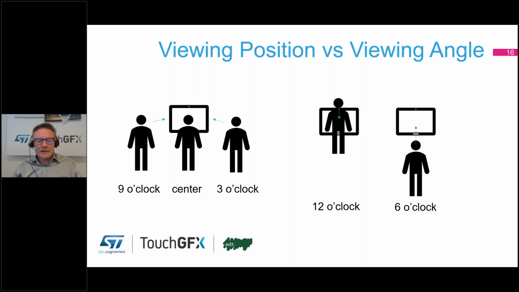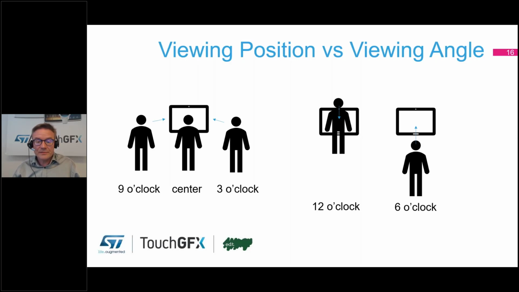And there is a general misunderstanding there that if a display is defined as a 6 o'clock viewing angle display, then the best viewing position will be from a 6 o'clock point. That's actually the opposite way around. I will explain that a little bit later, but just to keep that in mind, it's due to the way we measure the viewing angles.